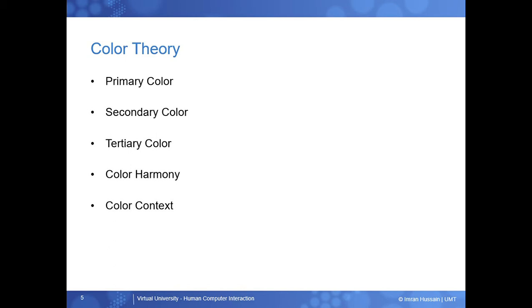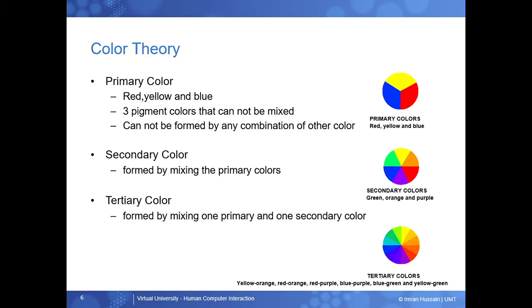In the primary colors, we have red, yellow, and blue. So don't get confused with the RGB because currently we are talking about pigments. So pigments, ito po yung paint, sa traditional. So when it comes to pigments, the primary colors are red, yellow, and blue.